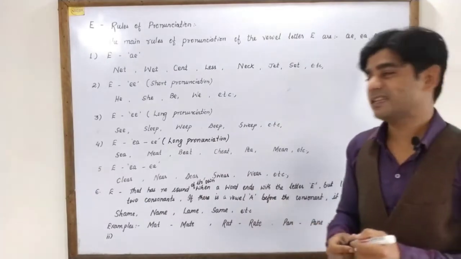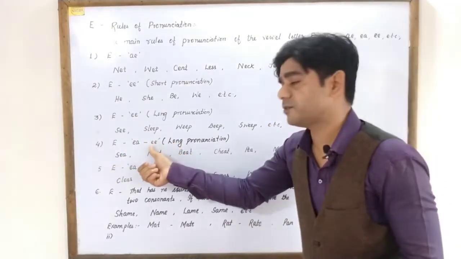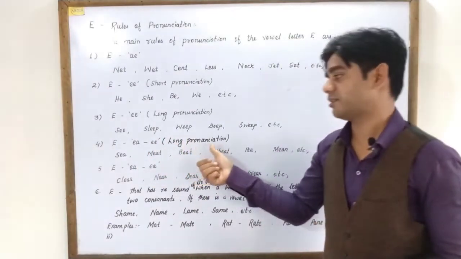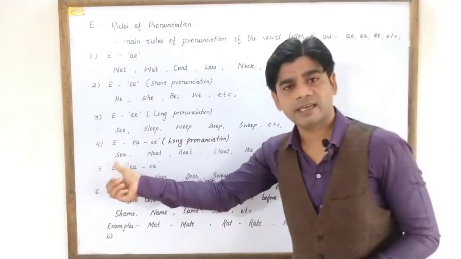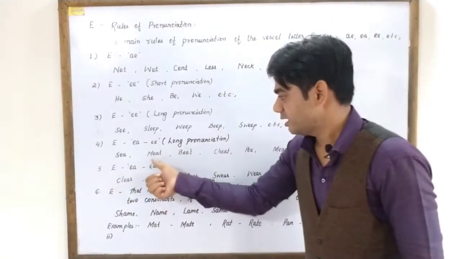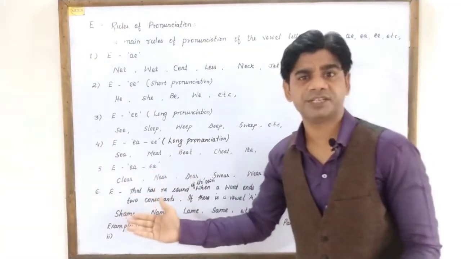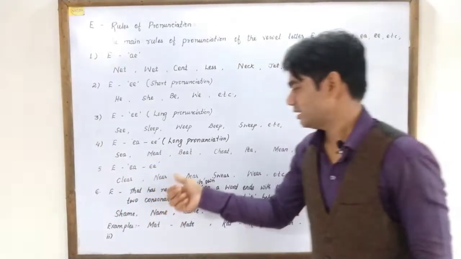When a word contains the letter E and the next letter is A, it is pronounced E in a long pronunciation. For example, S-E-A, sea. M-E-A-T, meat.